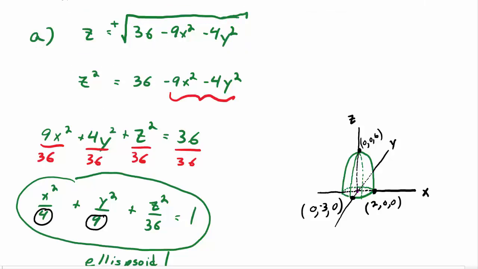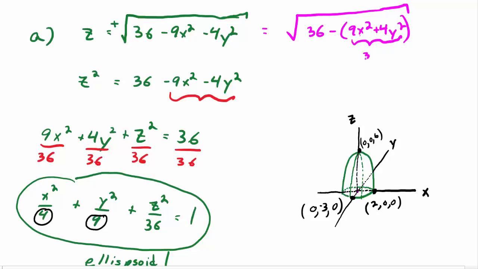Okay, so look at the function, and you think, what's the smallest this could ever be? I could rewrite that as 36 minus the quantity 9x squared plus 4y squared. Does everybody agree I could do that underneath the radical, factoring out the negative? Since 36 is a positive number and 9x squared plus 4y squared is a continuous function, there's got to be an x and y value that make that equal to 36, right?